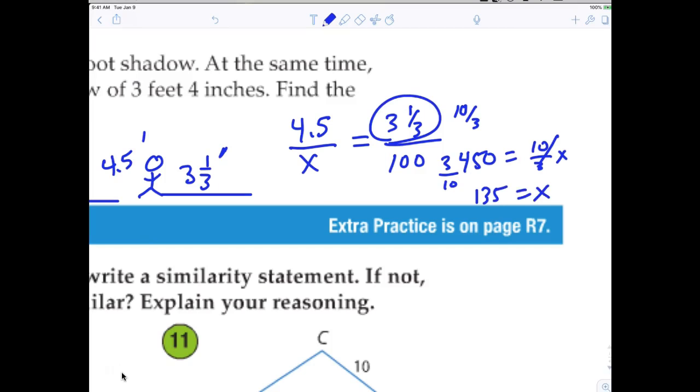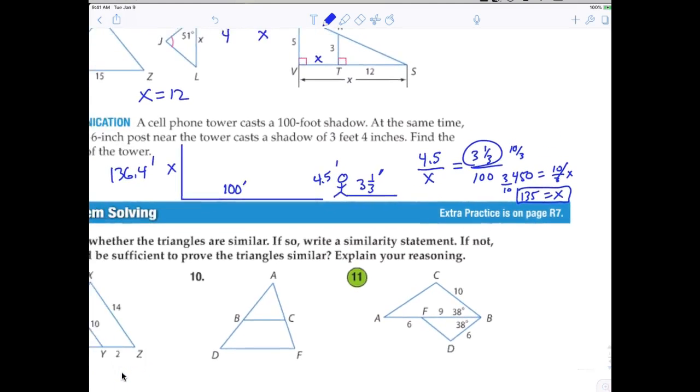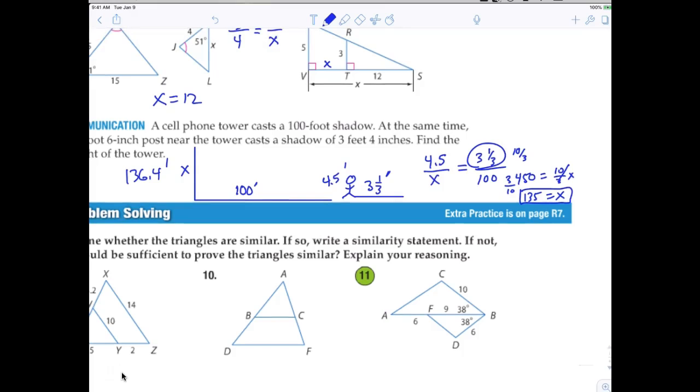Some of you guys who are rounding off, that's causing problems. You're not doing 3.3 or 3.33. So I need to make sure now, if you're using a calculator, you know how to use your calculator properly. Those of you guys who got 136, we've got to figure out the problem. I'm not sure where 136.4 comes from. I got 135 feet.